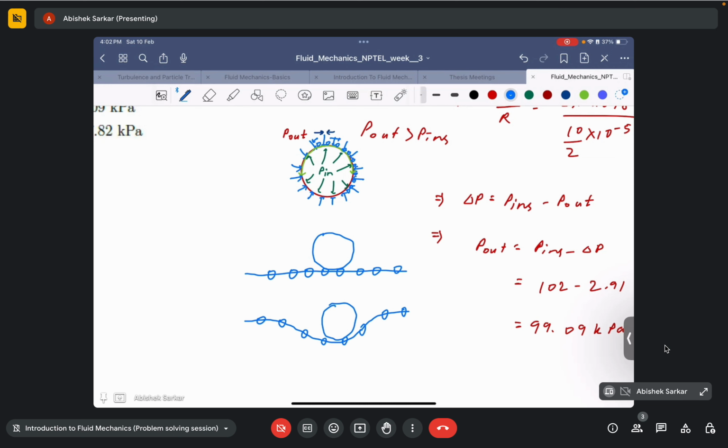So what would happen is that these molecules would pull each other, something like that.